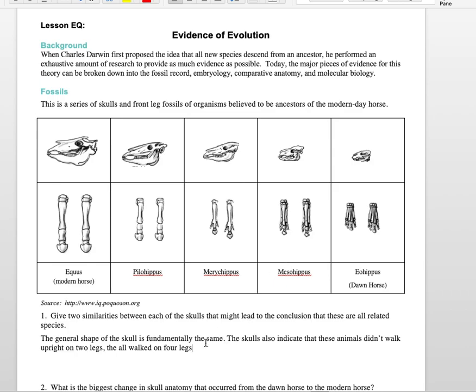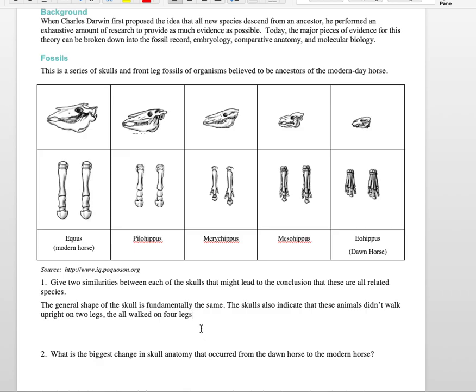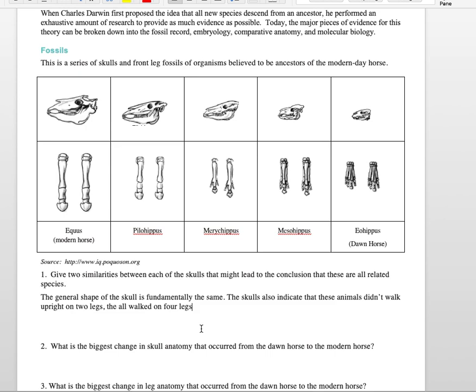Now, I'm sure that you could come up with some other similarities. Feel free to write those down. You can add to what we've written here. For number 2, what is the biggest change in skull anatomy that occurred from the dawn horse to the modern horse? You could say that size is a major change.